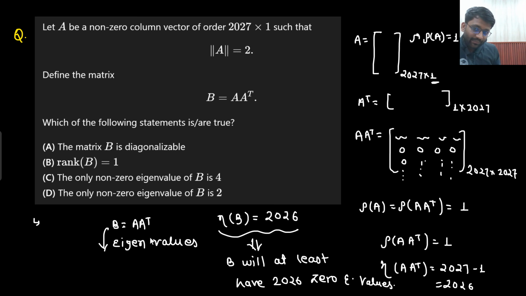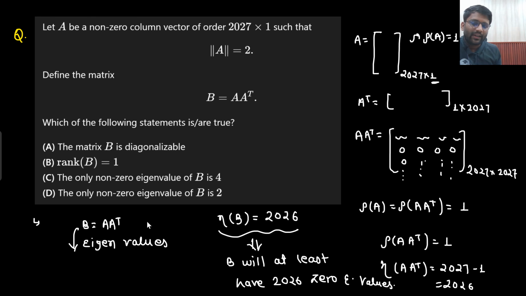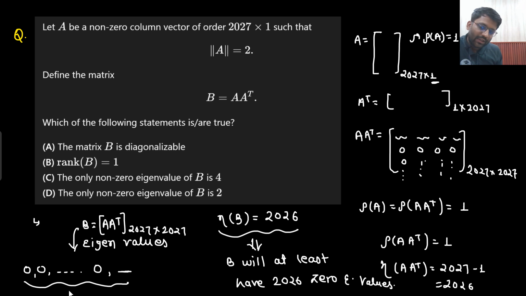So if I talk about the eigenvalues of B, how many total eigenvalues will it have? What is the order? Order is 2027 cross 2027. So total eigenvalues it will have will be 0, 0, 0, 0 and some one more eigenvalue. So in total it will have 2027 eigenvalues.